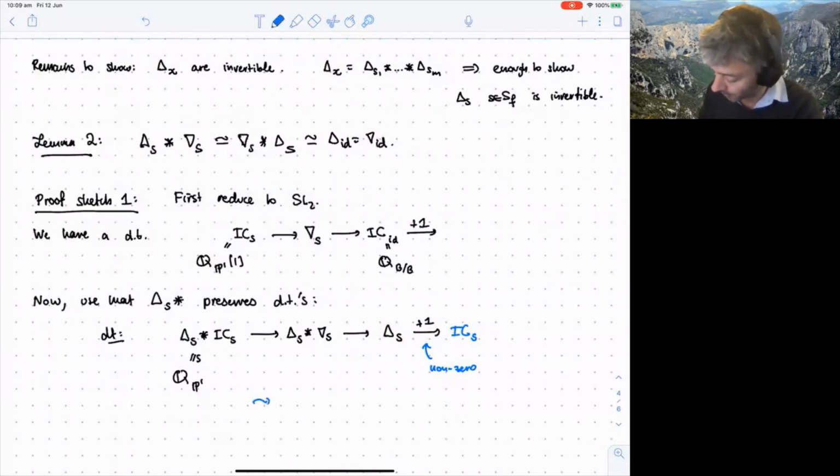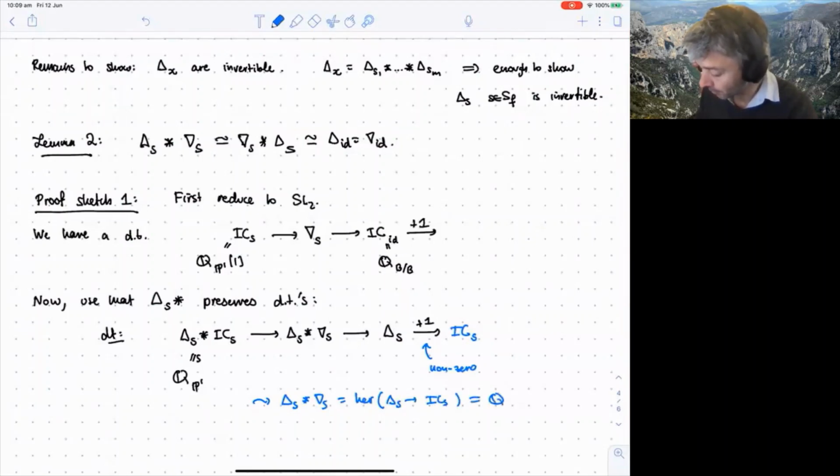So this means that delta S inverse nabla S is the kernel of this map, which is IC of the identity, which is the unit.